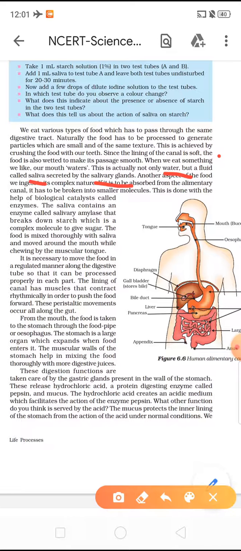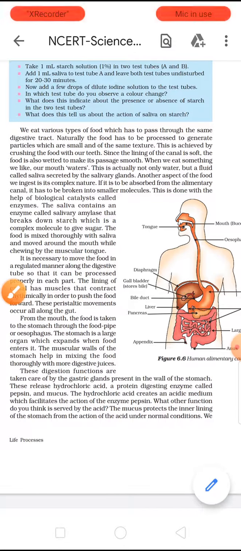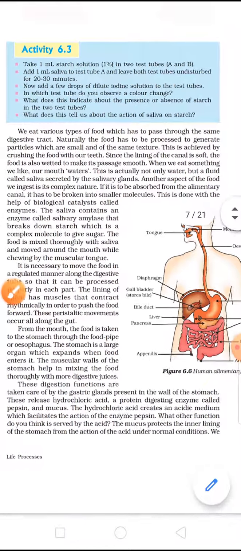This we did. So inside our mouth, two things are performing their functions. Teeth, which are crushing the food, and in the same way the tongue is rolling, and the salivary glands are secreting a watery compound which is known as saliva. Okay, so this we did. Now let's move further.